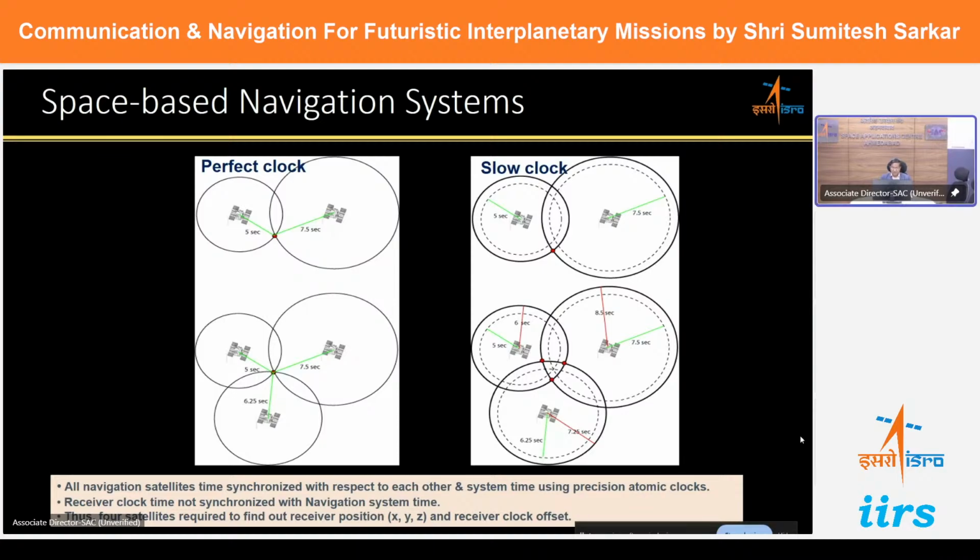To eliminate this difference, you can show through a number of equations that if we can range our distance from 4 satellites, of course, with the location of the satellites at that time known precisely, then you can find out your position in a very precise way.